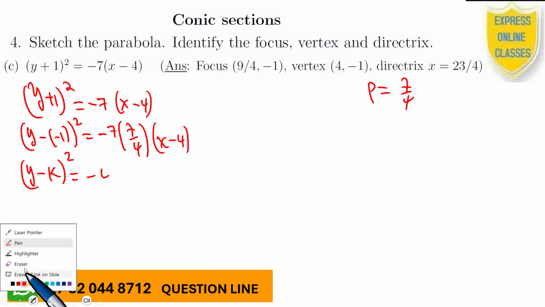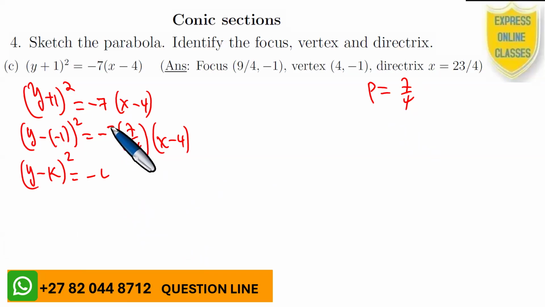So yeah, here I meant that you need to put a 4 here. So that you put minus 4p times x minus h.